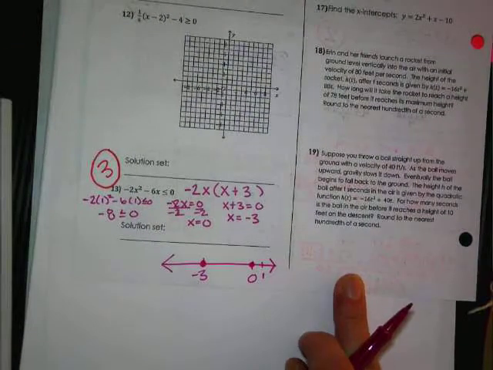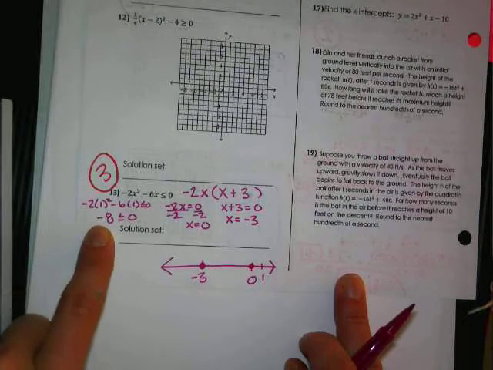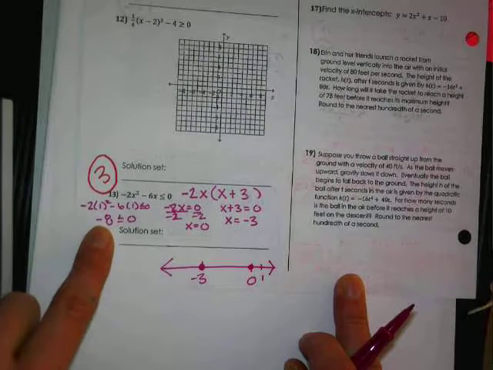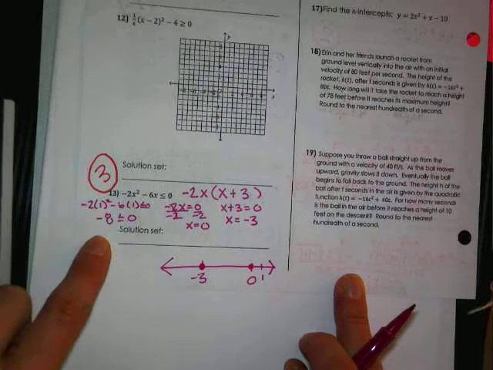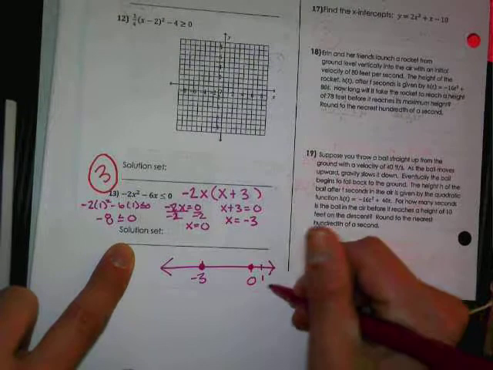All right, and so when you plug 1 in there, you get -8. -2 minus 6, -8. And so, is -8 less than or equal to 0? Yes. So 1 works, right?